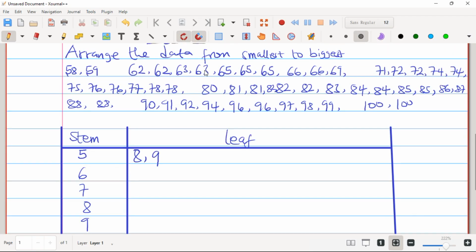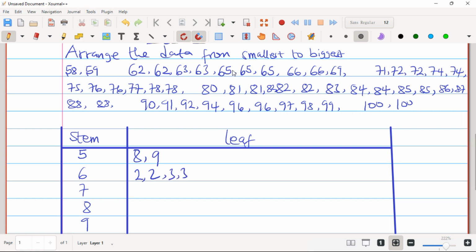So when we come to the 60s, right? 2, 2, 3, 3, 5, 5, 5, 6, 6, 9, right? It's our leaf, right? The initial thing is that the 6 is our stem. So our leaf will be 2. When you come here, we have 62, 62. So here we'll be having 2 2s, right? 2, 2. When you come to the next, 63, 63, we are having 2 3s, right? 3, 3.